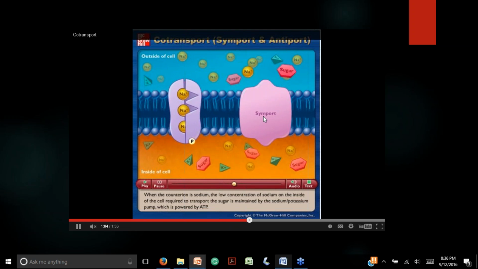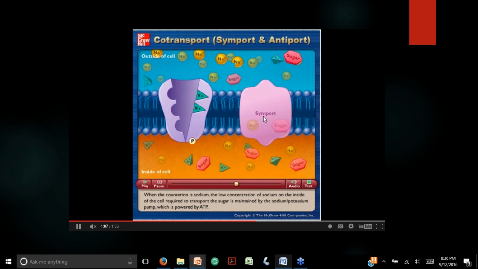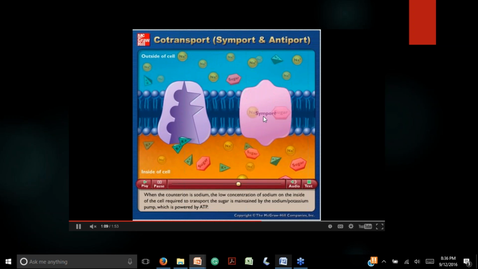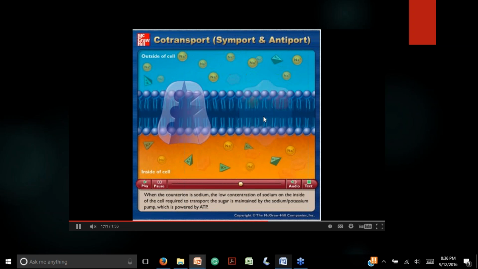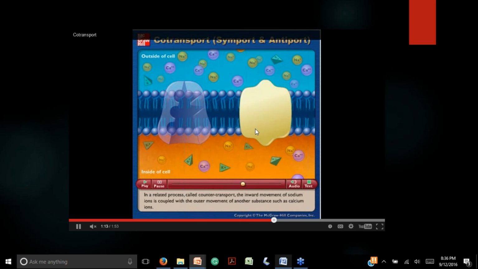Okay, so the next one, we're going to talk about the antiport, and we are going to use the same cartoons here. The antiport is the counter transport, where you can see sodium is getting inside, but calcium is going outside. So what is the source of energy for this transportation?